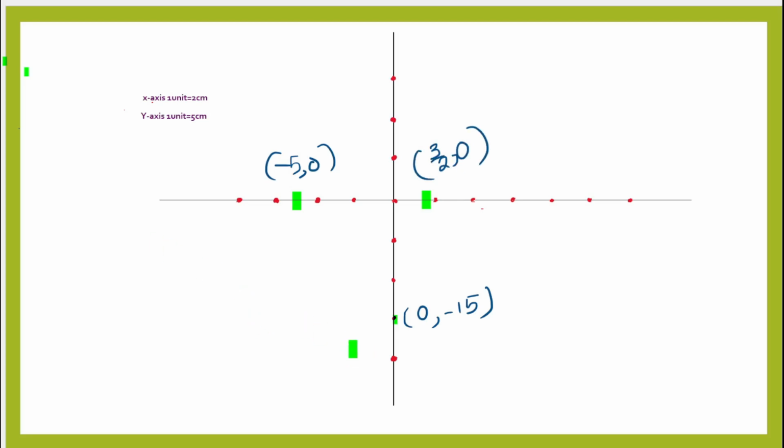Now mark the turning point as (minus 7 by 4, minus 169 by 8). Now sketch the parabola by freehand.